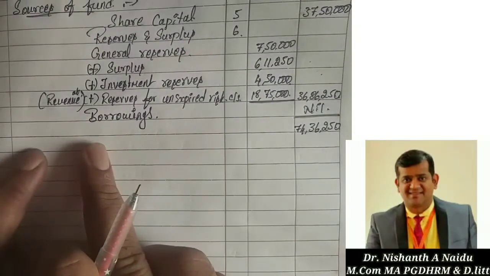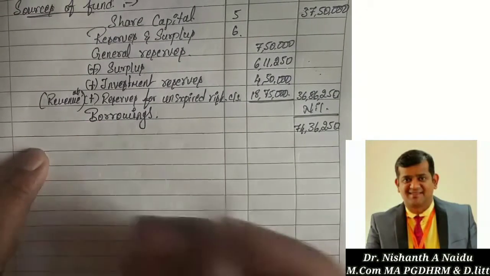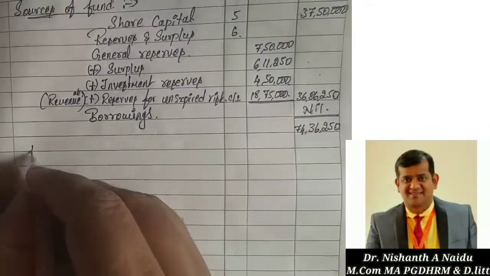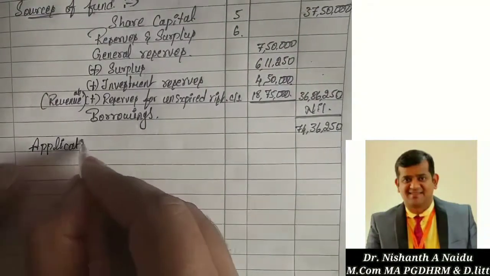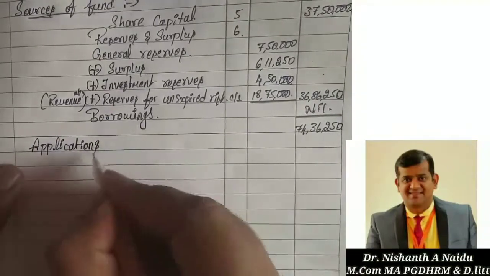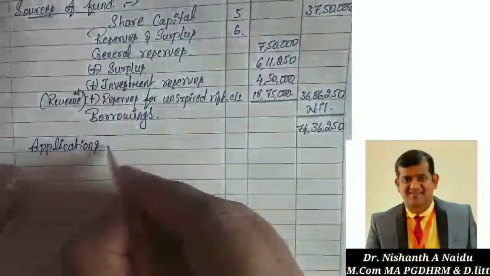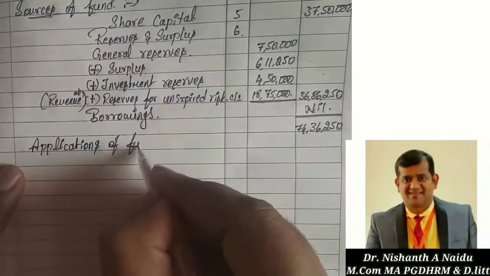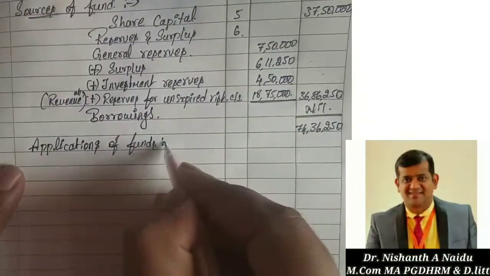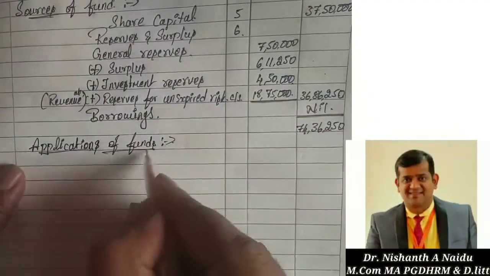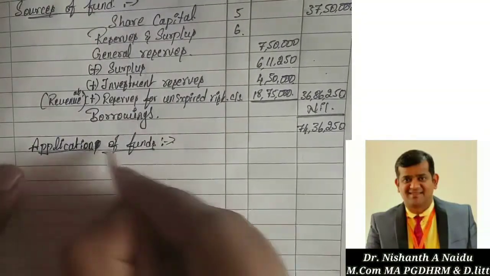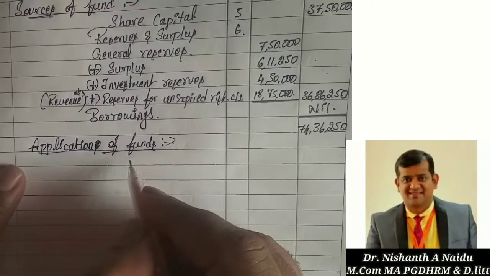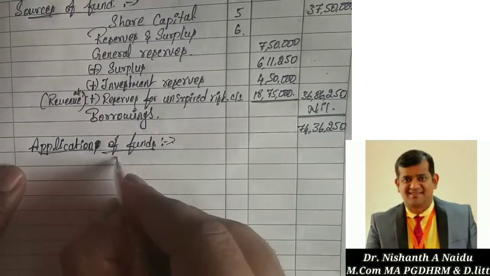So next we have to write application of funds. Application of funds means what are all the assets we have, where all we have invested the funds. So in that, first one is investment.